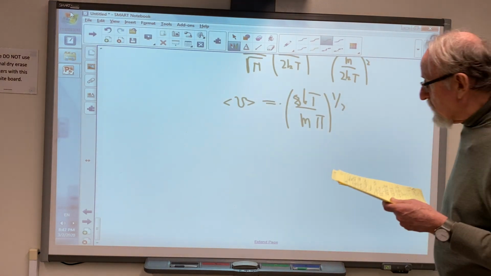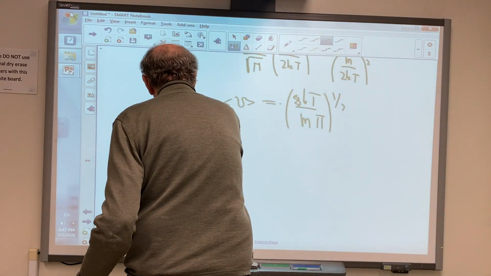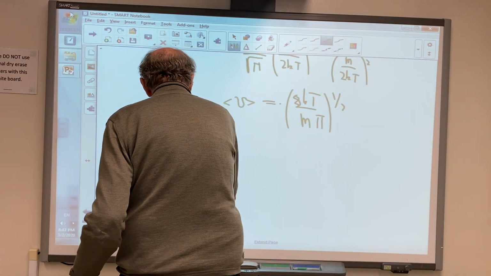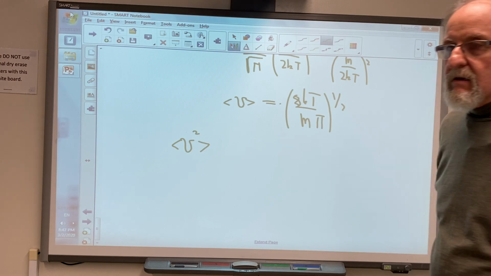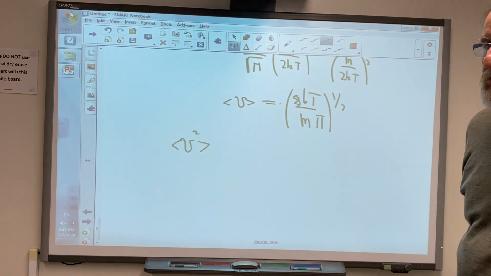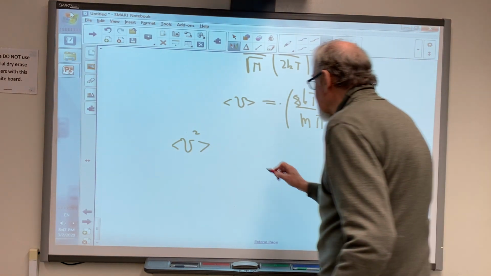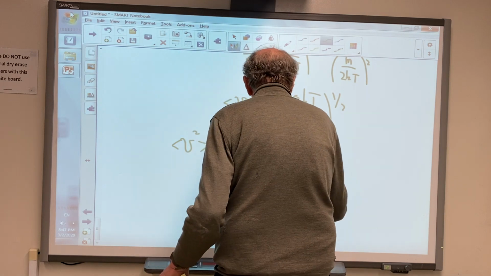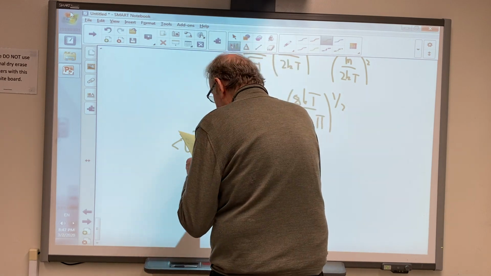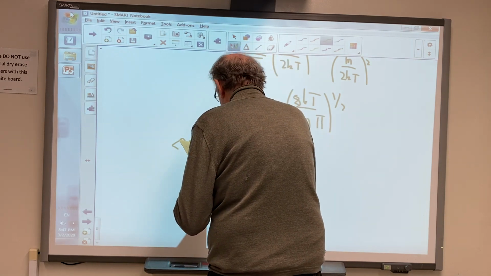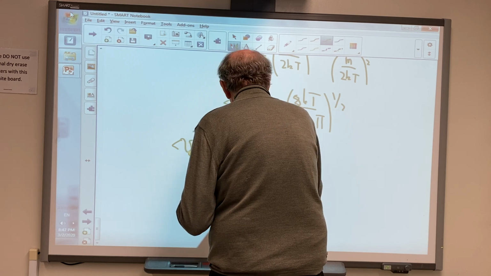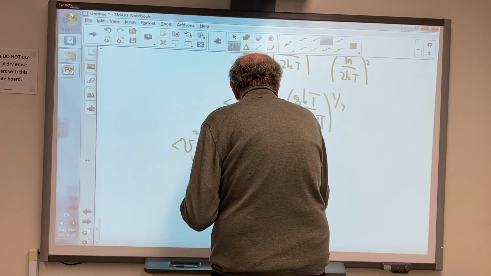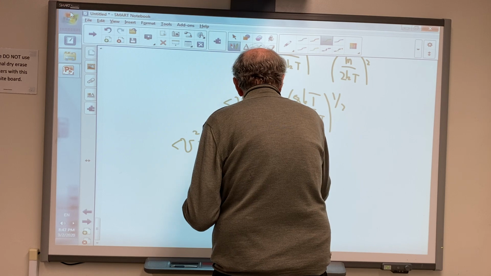And the next thing we want to calculate is the average square speed, because we want to obtain the root mean square. And that is, of course, the integral, now the same constant in front, 4 over square root of pi, m over 2kT to the 3 halves.